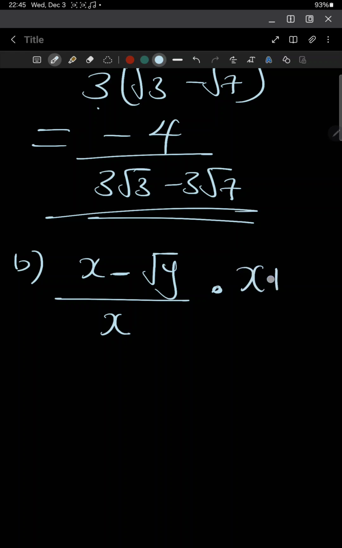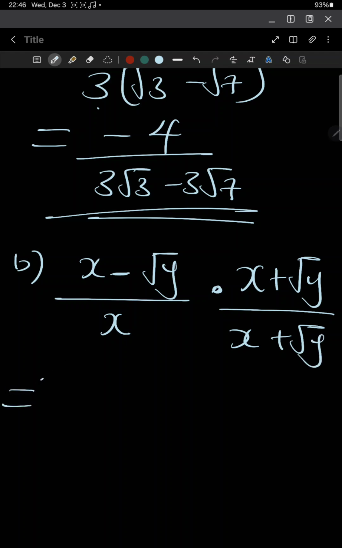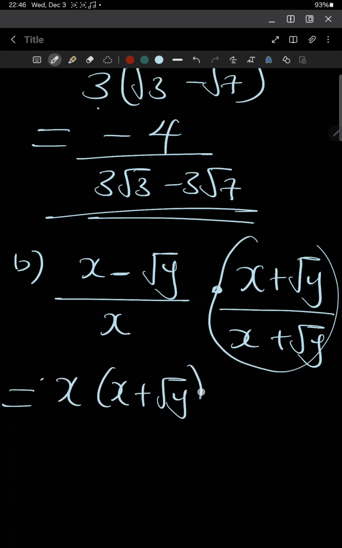It will be x minus square root of y, divided by x plus square root of y. After doing that, simplify. This is a special one. So it will be x, open bracket, x plus square root of y minus square root of y, x plus square root of y.